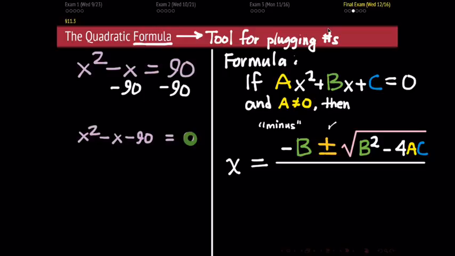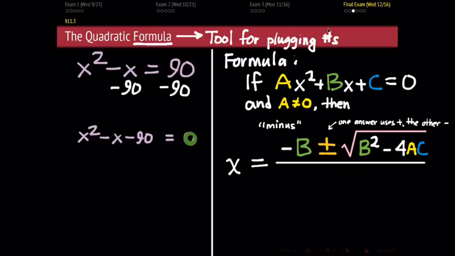It just means that one answer is going to use the plus, and the other answer uses the minus. In other words, that symbol is how we're going to get two different solutions out of a single formula. That's the only reason that it's there: it gives us two different answers out of one formula.